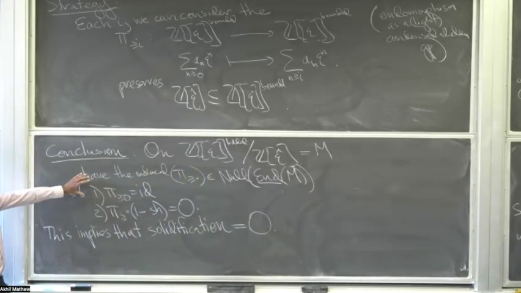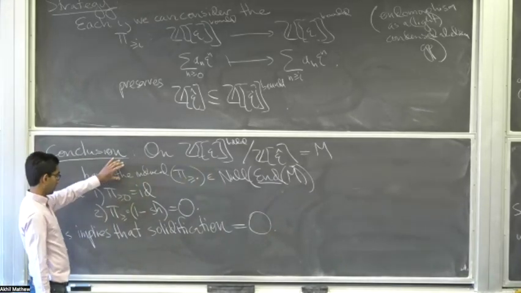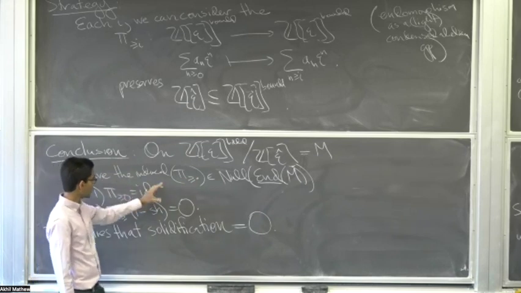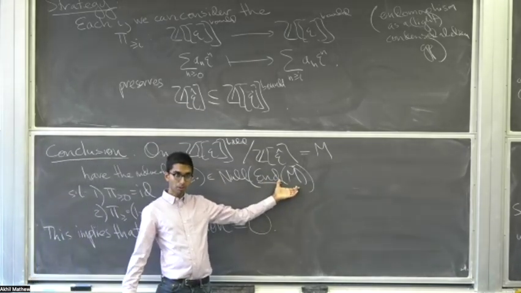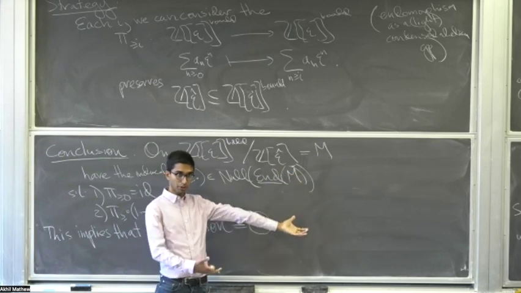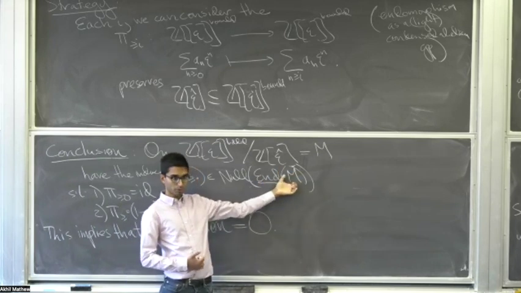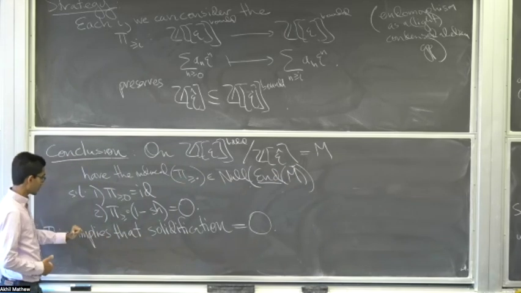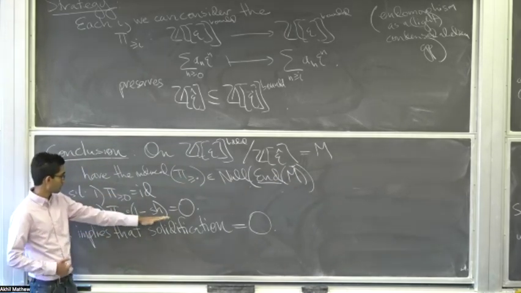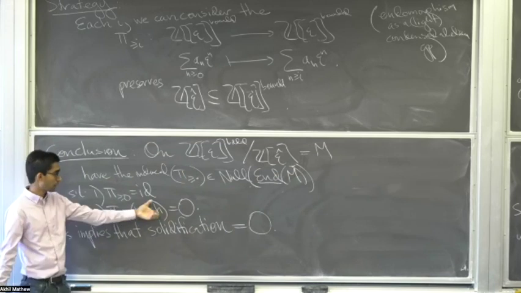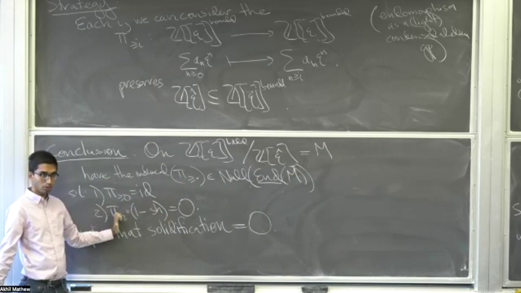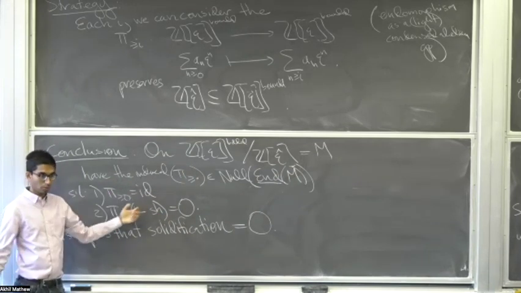So abstractly, the idea is that these identities hold in null sequences of endomorphisms of M, but that also means that you get the same identity in null sequences of endomorphisms of M solid. And on M solid, the point is that 1 minus the shift operator is an isomorphism. So if something is annihilated by 1 minus the shift operator, it's just 0, and then you get that the identity is 0.